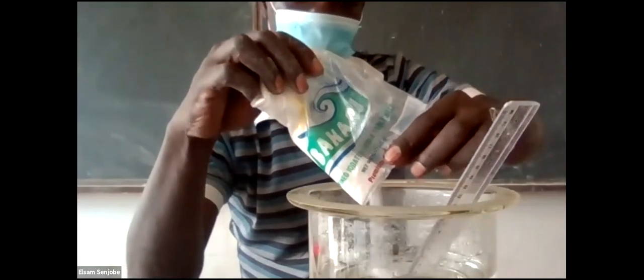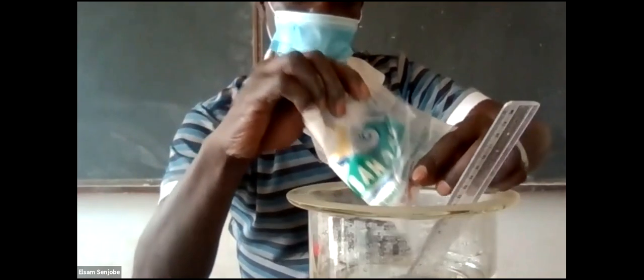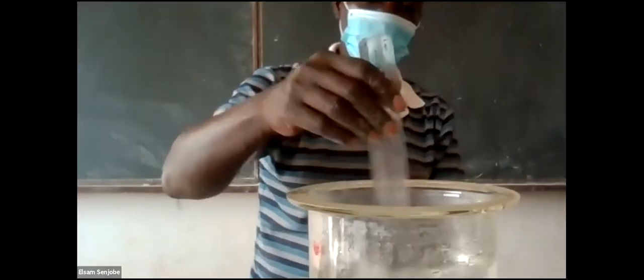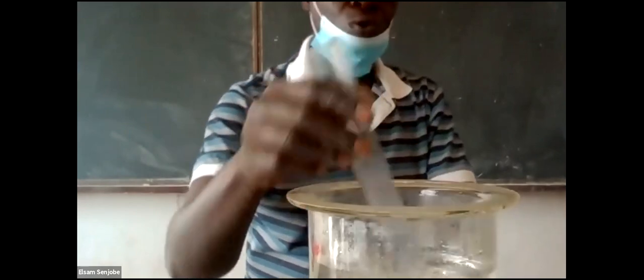So I'm going to pour salt into this water. We have already put some salt there, but we wanted you to see that this water is salty. So we are stirring it so that the salt dissolves in the water. That is what we refer to as salt water.